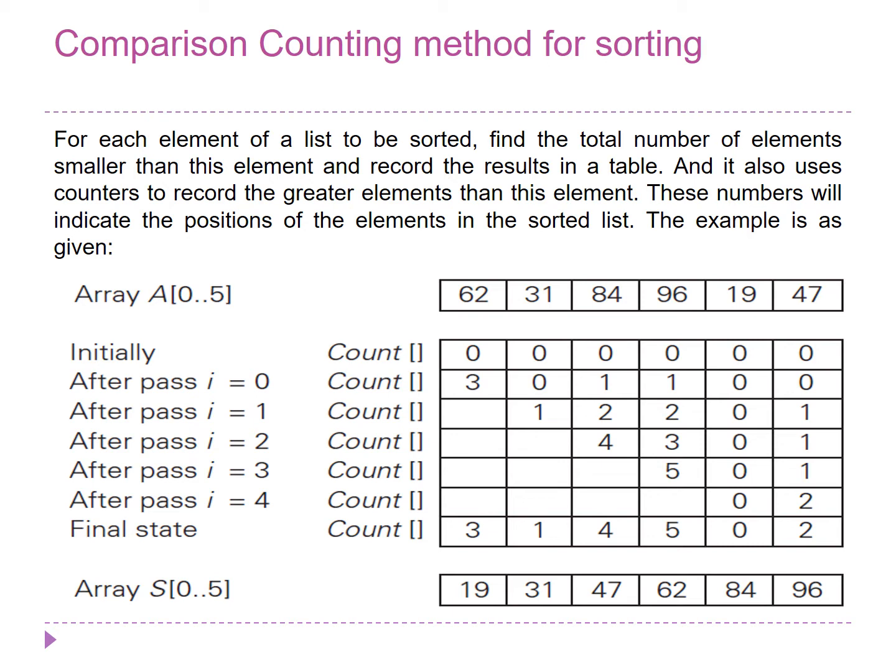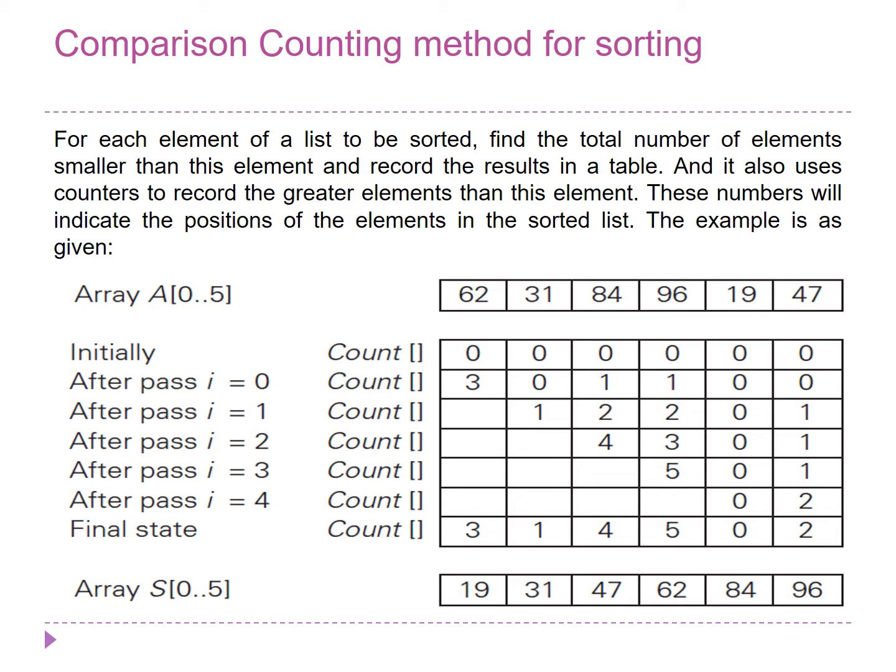Hence, the final values in the count array are 3, 1, 4, 5, 0 and 2. These numbers indicate the index positions of the input elements.